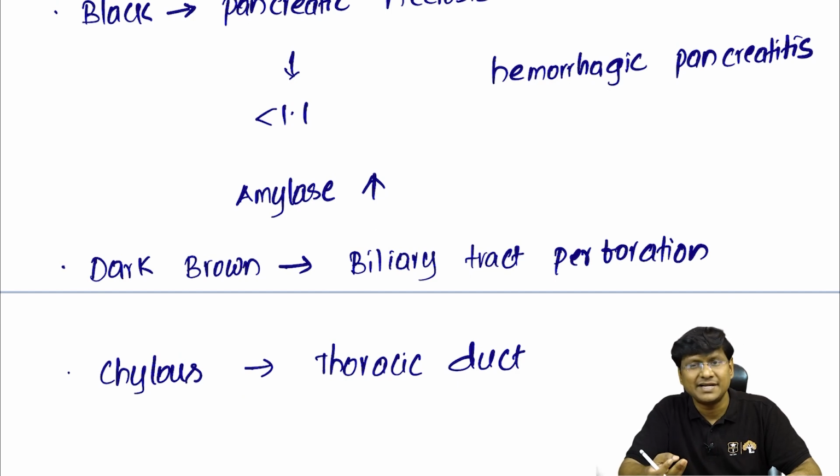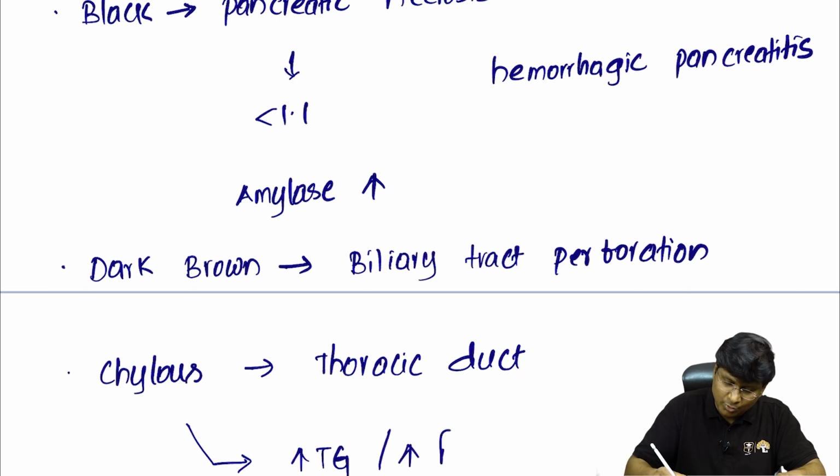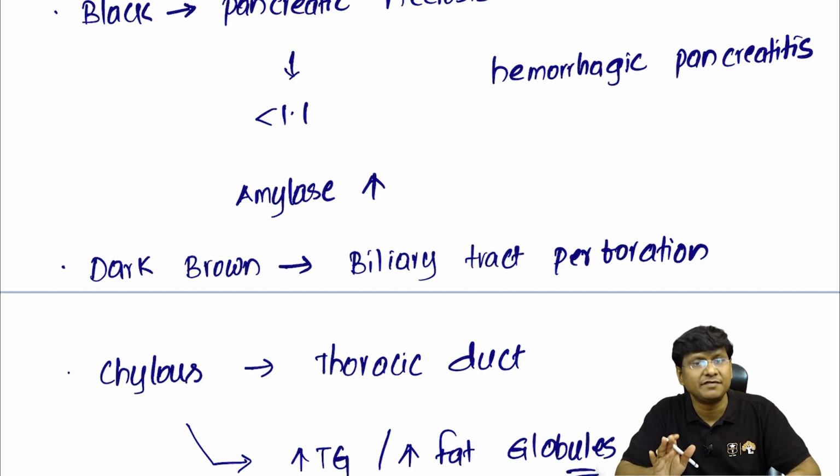It contains an excess amount of triglycerides, and also an excess amount of fat globules. And what are the various causes? That is rupture of the thoracic duct, tumor, tuberculosis, filariasis, and even nephrotic syndrome.